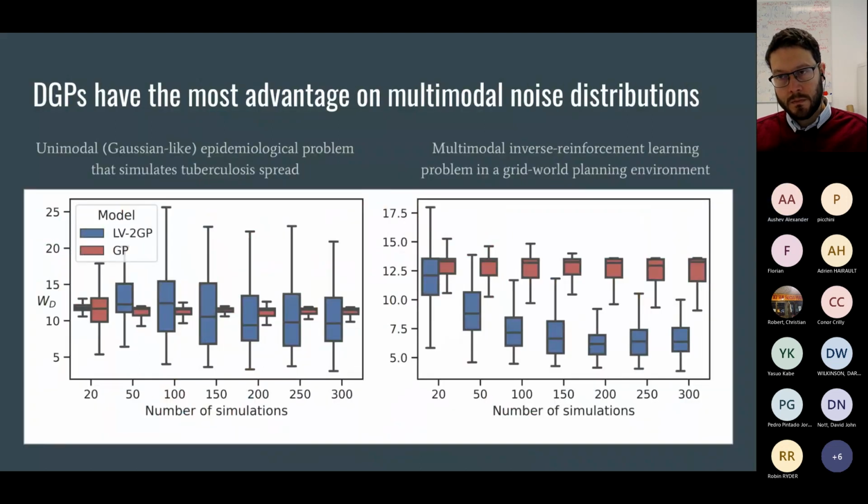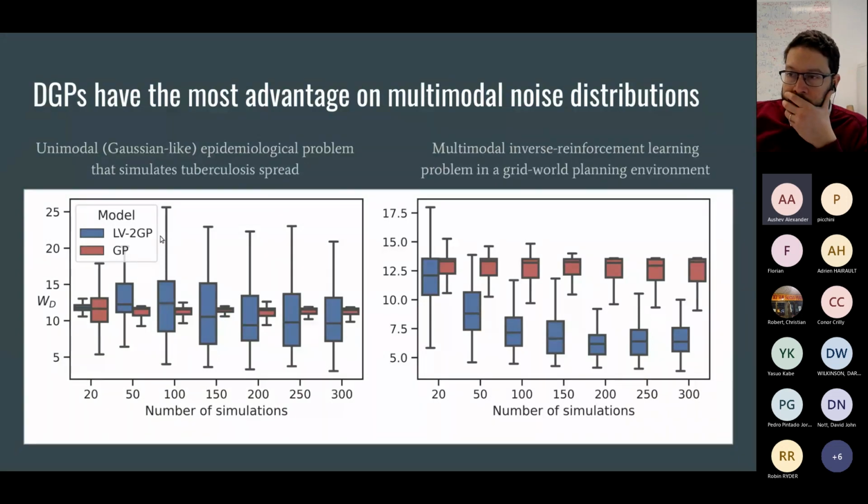And this slide shows some of the experimental results. So we plot the deep Gaussian process architecture, which consists of two Gaussian processes, and we compare it against vanilla Gaussian process.